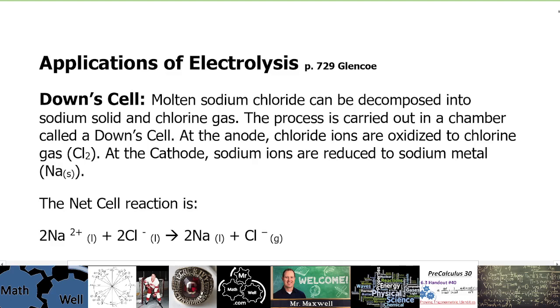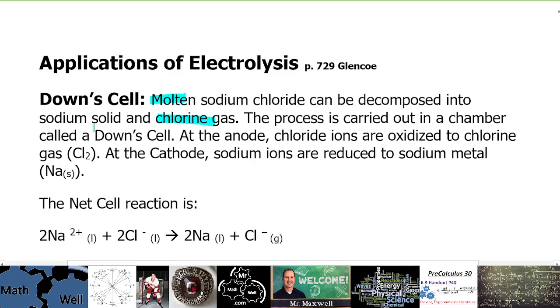Molten sodium chloride can be decomposed. So molten, that's like liquid. We just talked about that. It can be decomposed into sodium and chlorine gas, the example we just talked about. The process is carried out in a chamber called a Downs cell. So molten sodium and chlorine gas are your two blanks.